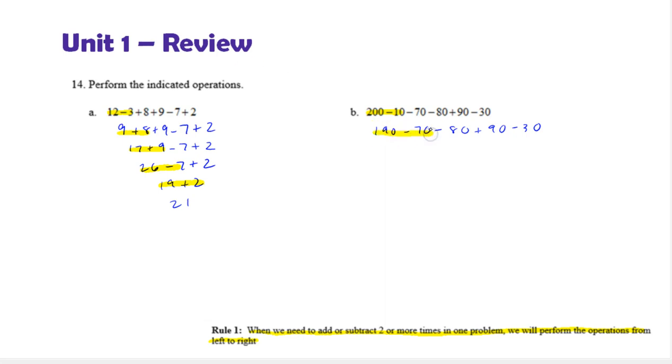Next we have 190 minus 70, which is 120, minus 80 plus 90 minus 30. 120 minus 80 is 40, plus 90 minus 30. 40 plus 90 is 130 minus 30, and finally 130 minus 30 is 100. Let's look at the next one.